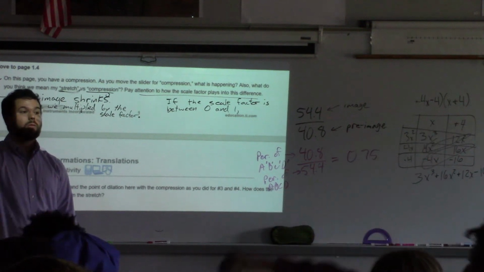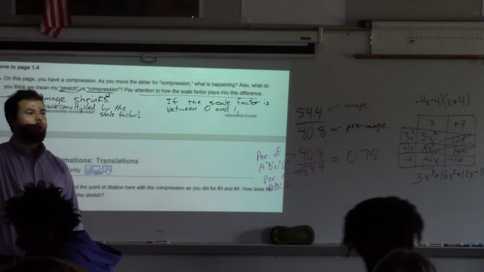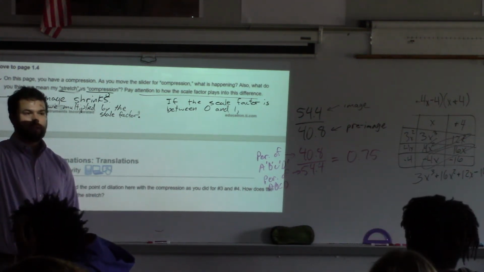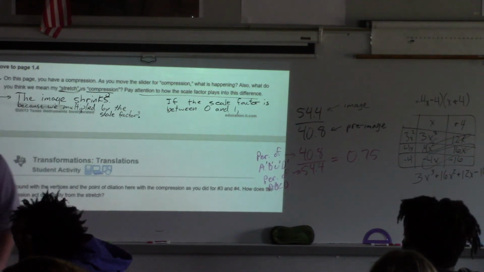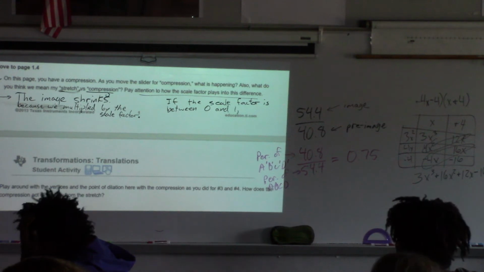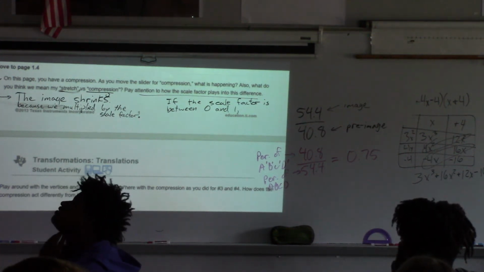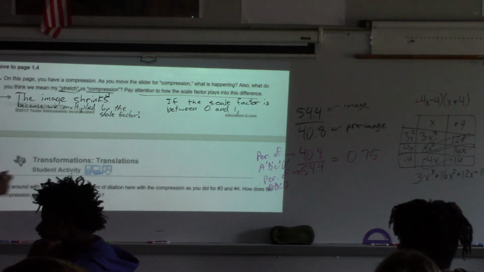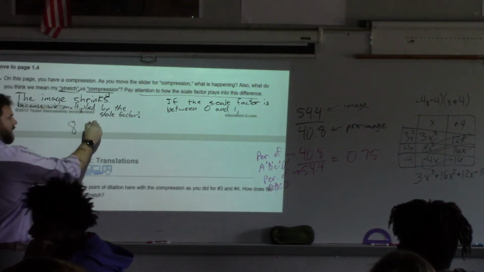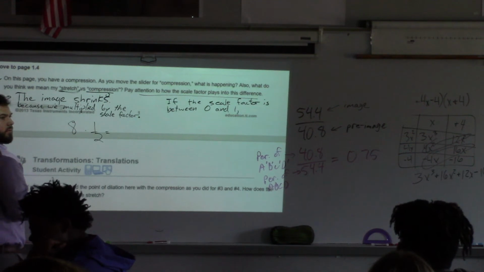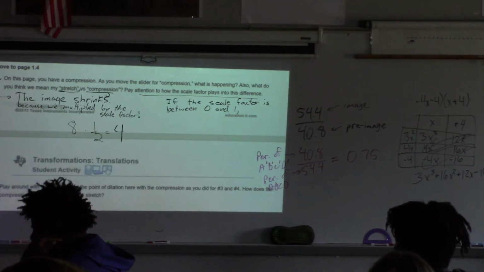Okay, so if it's between 0 and 1, it's a compression. I want you to think about it. If you multiply by something less than 1, is that number going to get bigger or smaller? Smaller. If I take 8 and I multiply by 1/2, it's 4, right?